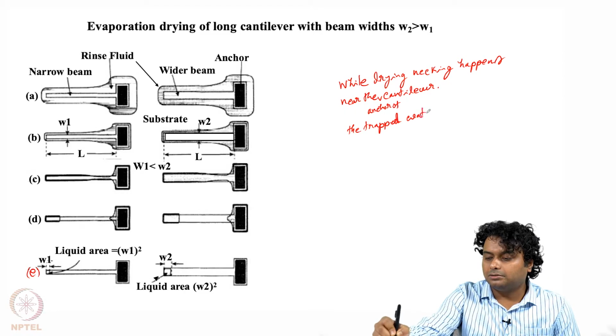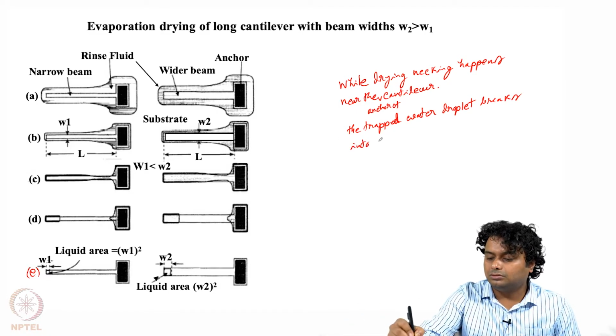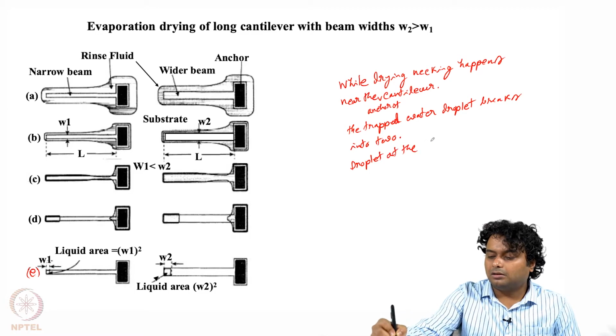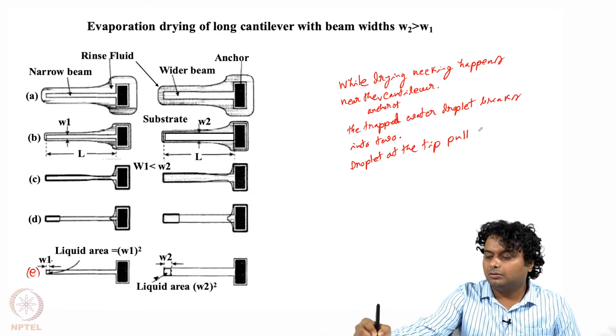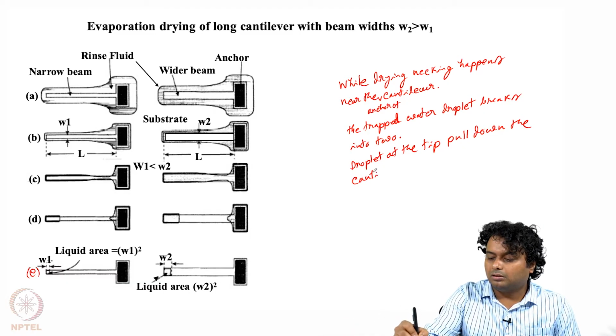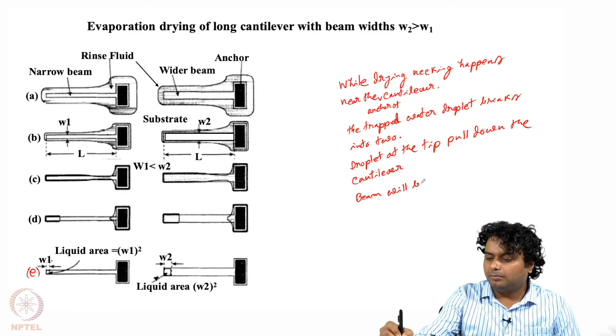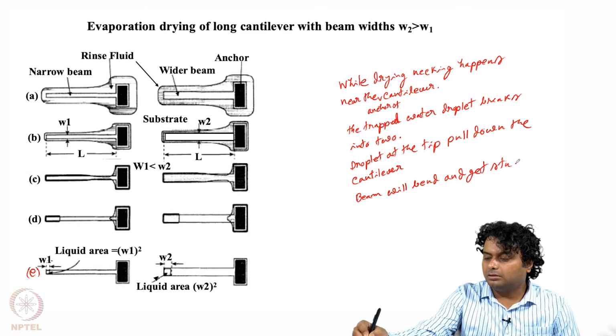Trapped water droplet breaks into two. Droplet at the tip pulls down the cantilever, and that beam will bend and get stuck to the substrate.